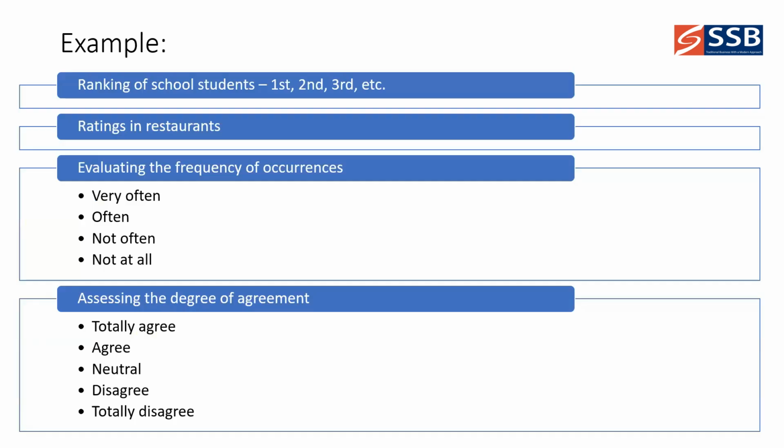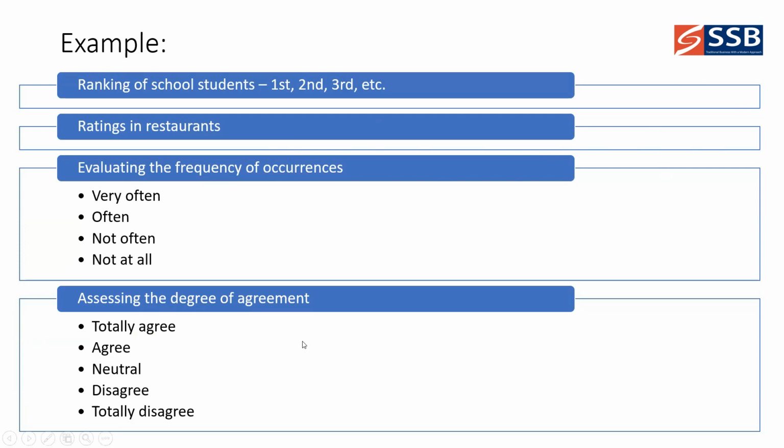Some examples I can give you are ranking of school students, first rank, second rank, third rank. Rating in restaurants or malls, the satisfaction level. Evaluating the frequency of usage, how often you use your social media networks.